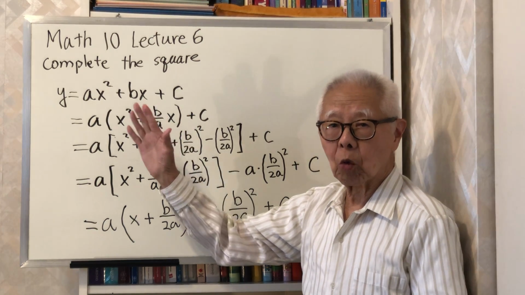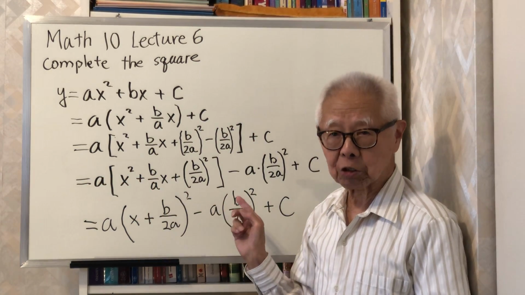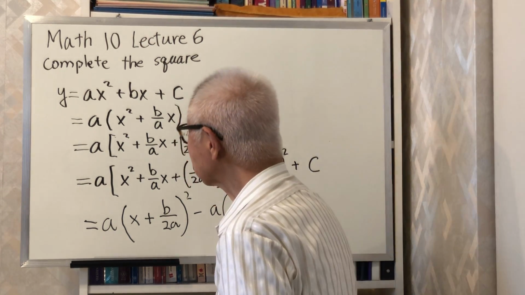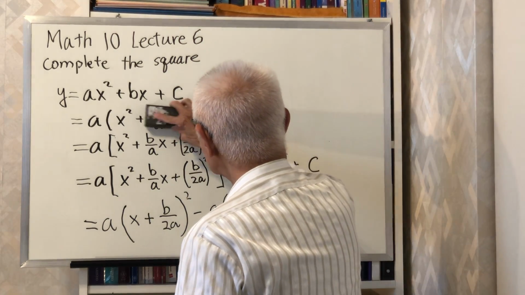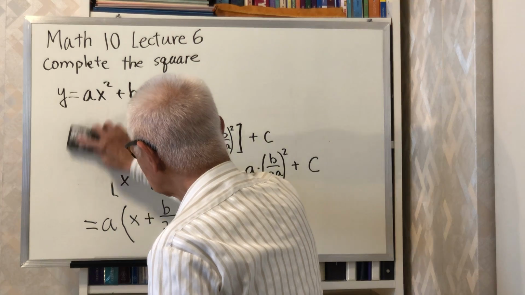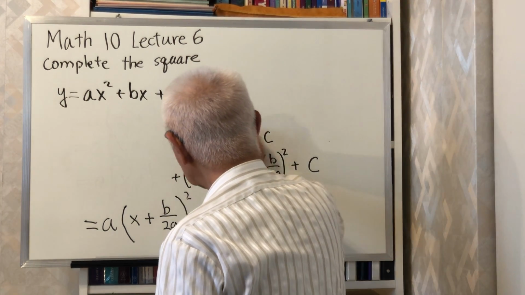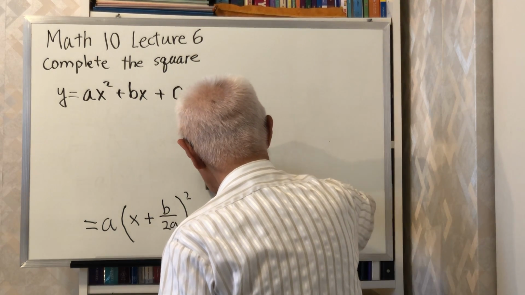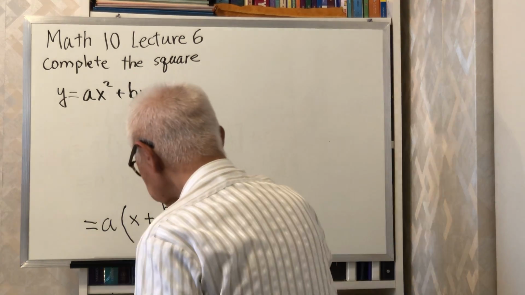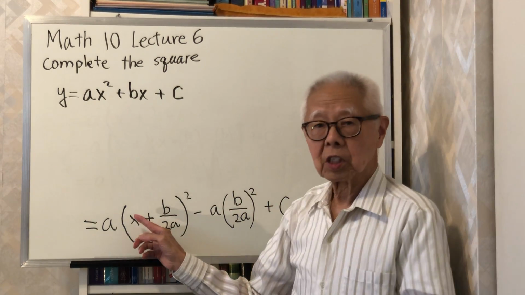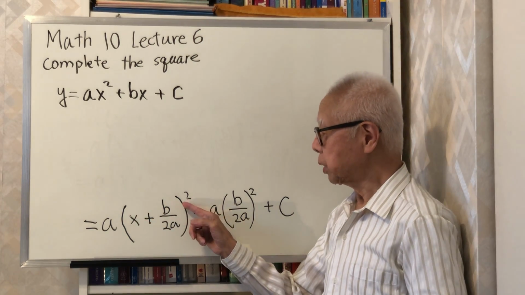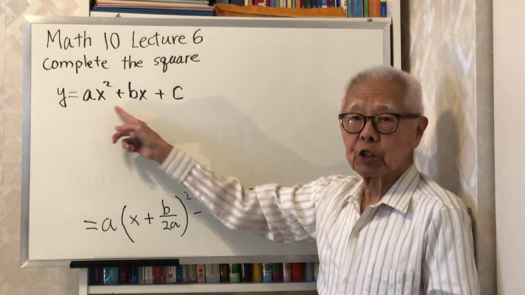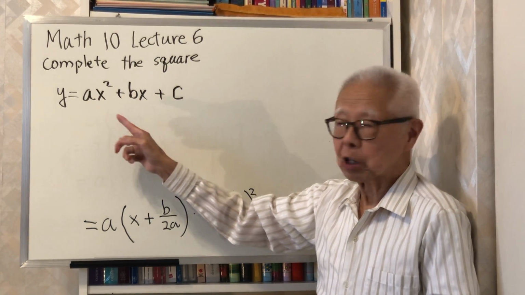So let me erase work here, just leave the final result here. Just remember a, b, c are the coefficients of the given quadratic function.